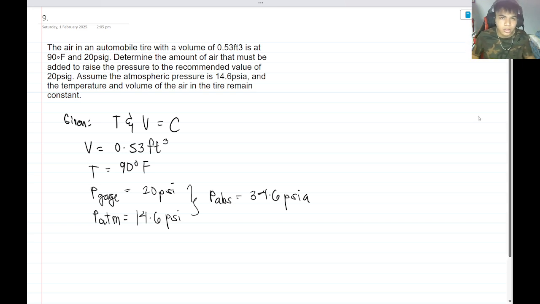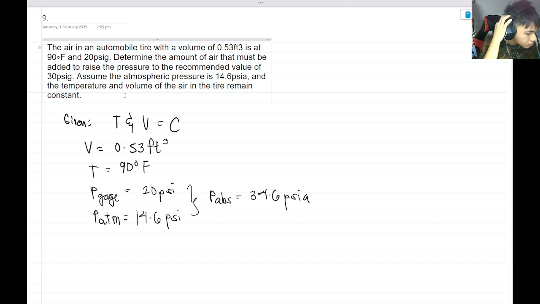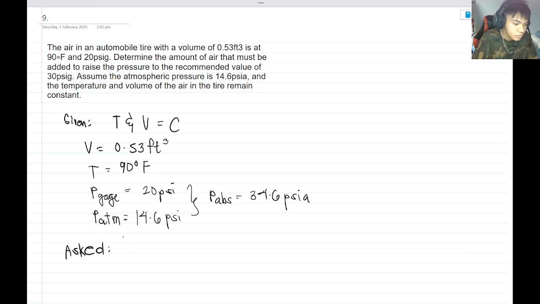Yeah, I think this is 30. Sorry. This is the ideal part, by the way. What we're asked for is, again, this is delta M, the change in air, but however, this is now added.